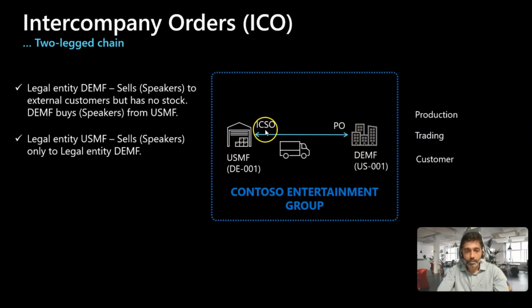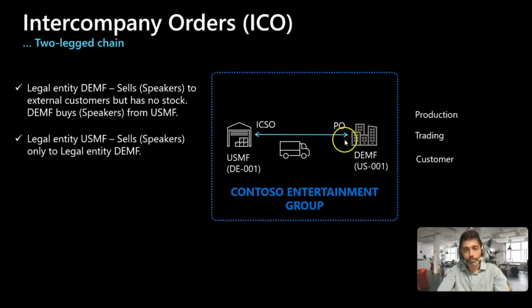So first the packing slip needs to be posted in the intercompany sales order in USMF, based on which we complete the product receipt in the purchase order in DEMF. Then in the intercompany sales order we complete the invoicing, based on which we complete the invoicing in the purchase order of DEMF. So this will be the process.